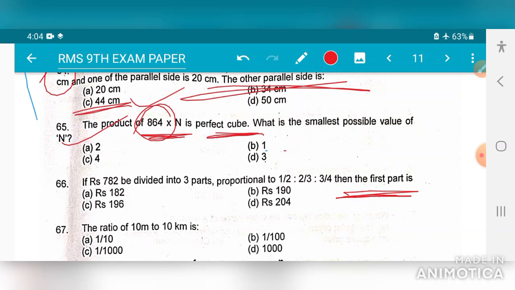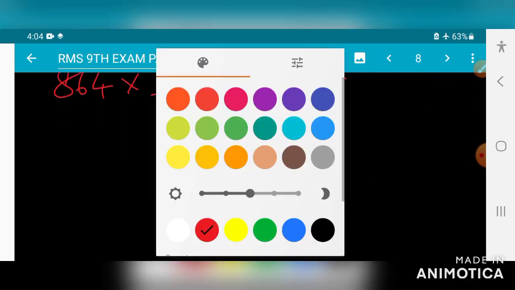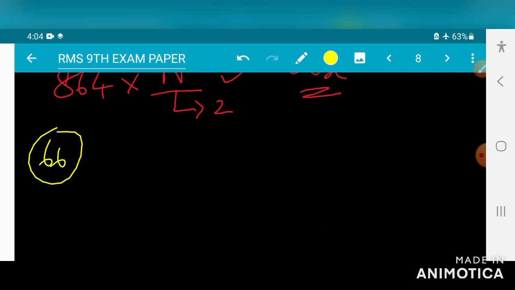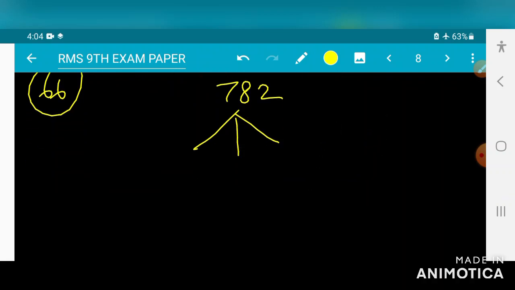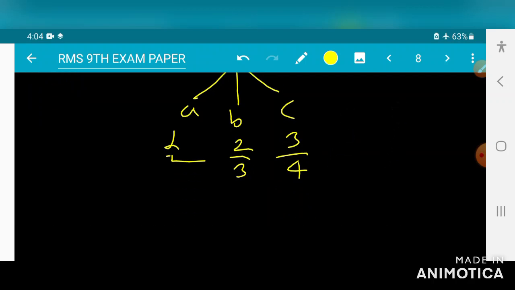We have to divide 782 rupees among 3 persons in this ratio. Suppose I am taking A, B, C, in the ratio 1 by 2 is to 2 by 3 is to 3 by 4. We are asking for A's part.